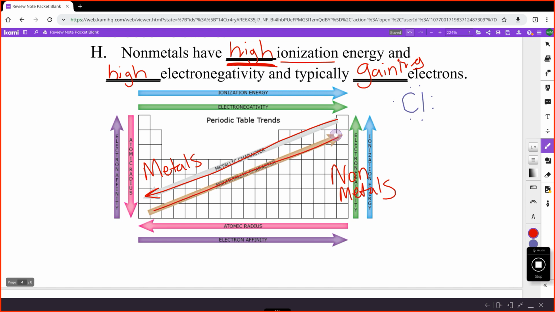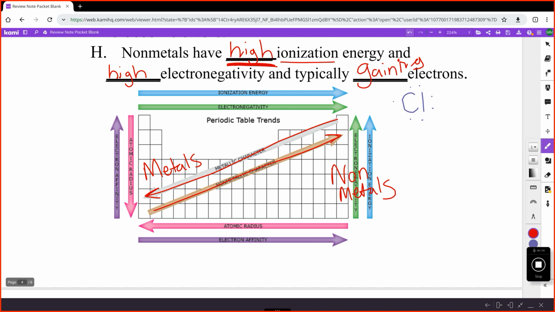Non-metallic characteristics increase as we go up in this direction. We'll talk about the trends on the next page and why these look the way that they look. But this is a good reference for you, as well as your reference table. Your reference table is a great place for you to look to see what the trends are.